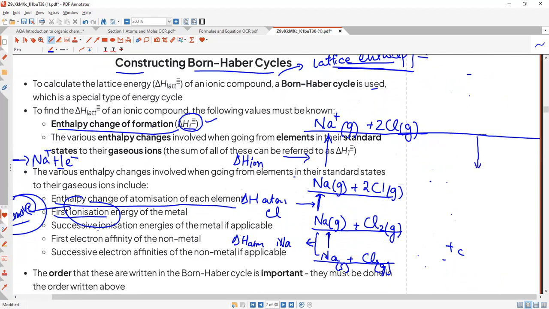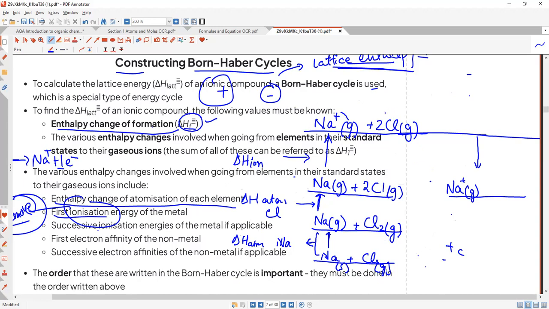Sodium is already in positive state, so just write sodium as it is. But you have to make chlorine negative, because in an ionic compound, one element is positive and the other is negative. So we have a positive charge, so chlorine will accept an electron.